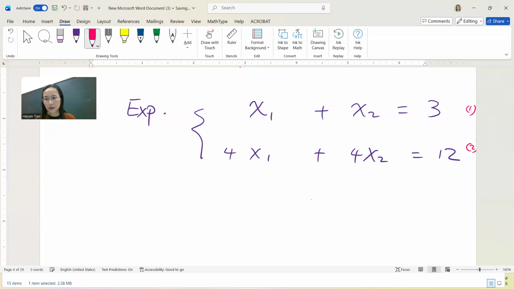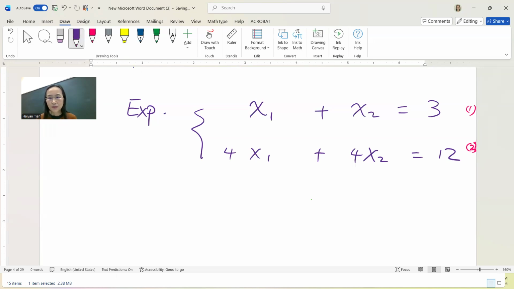And what do we do? We like to simplify it by eliminating some variables because we don't want to have two variables in one equation. Hopefully we can get only one variable in an equation so that we can get the value of a variable. So we compare the coefficients.